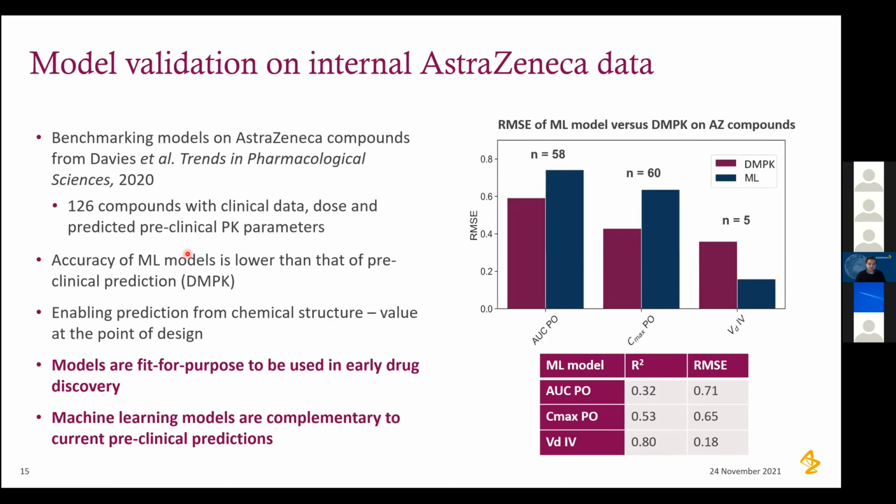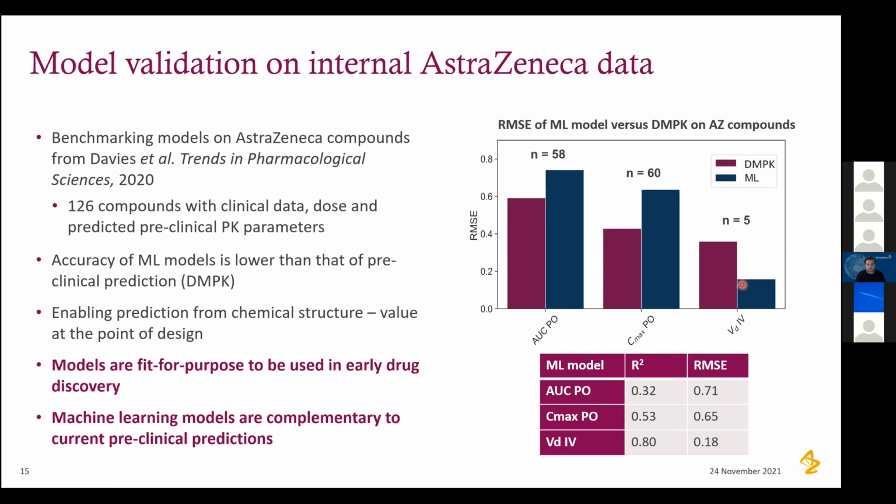It's also important to mention here that these compounds were not part of the Pharmapendium training set, so there is no overlap or bias in that way. And these results are presented here on the right. If we start with the peroral endpoints, we see that we do worse in terms of RMSE than the DMPK state-of-the-art method, not using machine learning.